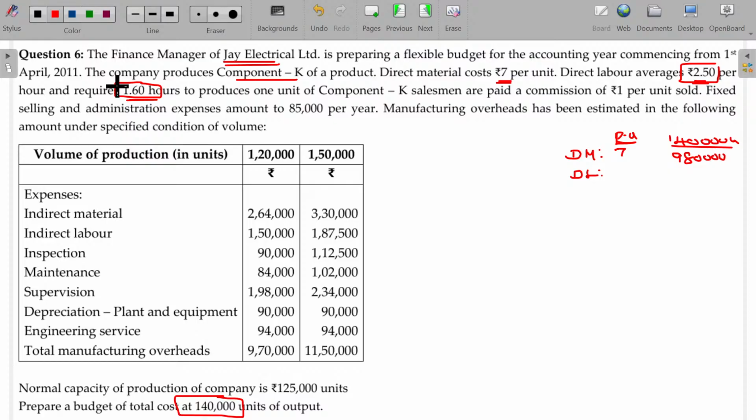So 1.6 into 2.5, the direct labor cost required for 1 unit being 4 rupees. For producing 1 unit, we need 1.6 hours. 1 hour costs us 2 rupees 50 paise, so 2.50 into 1.6, you will get 4 rupees. 4 into 1,40,000, 5,60,000 rupees.